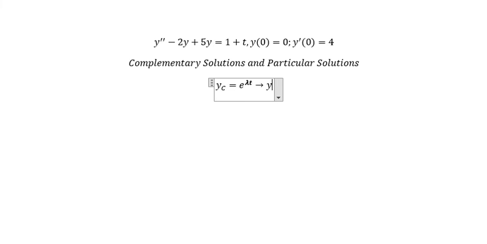So if we do first the derivative, you got about lambda e to the power of lambda t. And second derivative, you got about lambda square e to the power of lambda t.